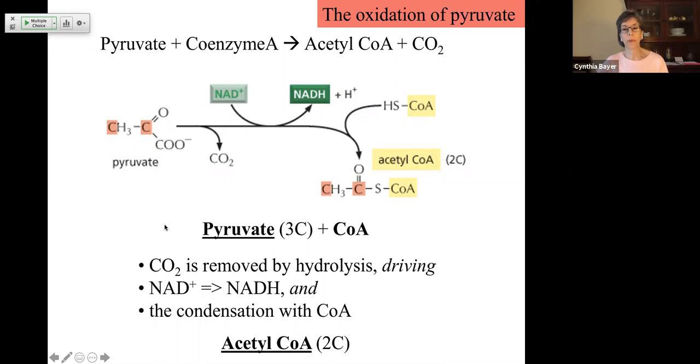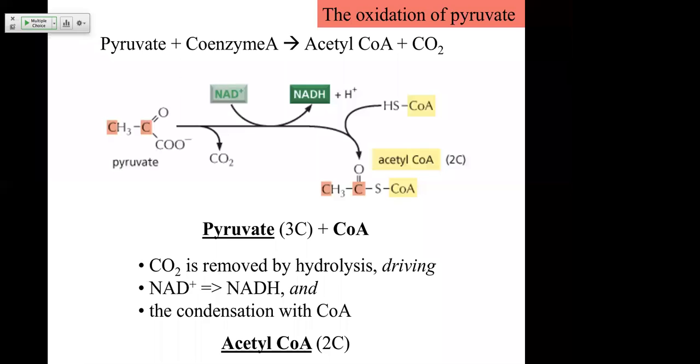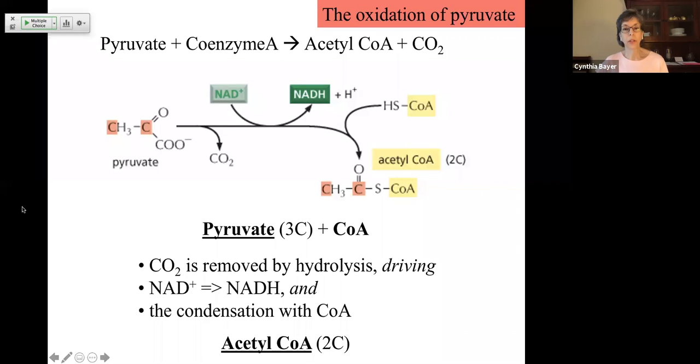So in this step, the 3-carbon pyruvate will combine with coenzyme A, and the result will be the formation of acetyl-CoA, a 2-carbon molecule. So what we have is a multi-enzyme complex that carries out 3 reactions. One reaction is the oxidation of pyruvate, removing this carbon and those oxygens, removing that carbon as a fully oxidized carbon released as carbon dioxide.